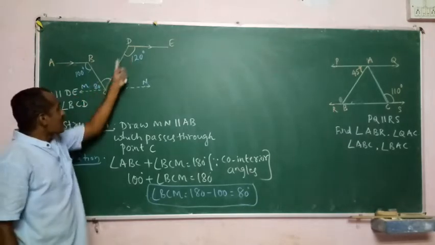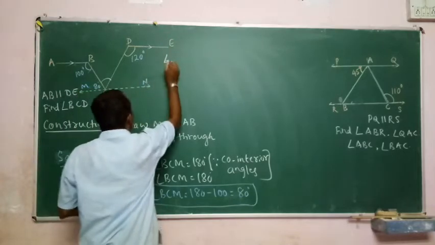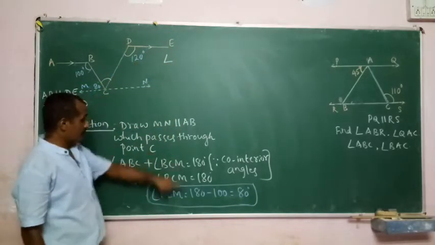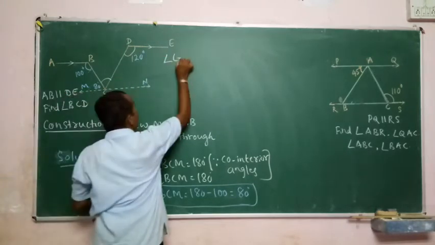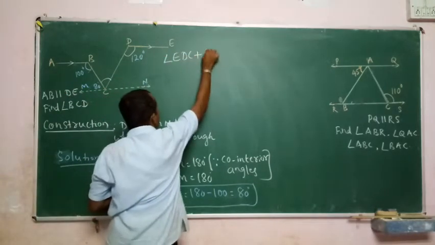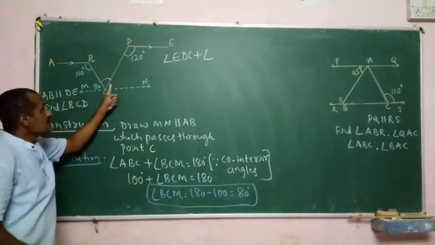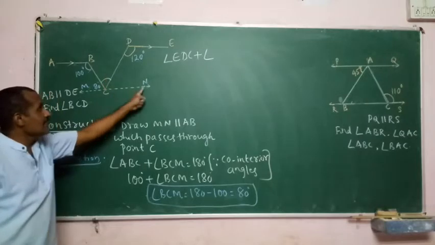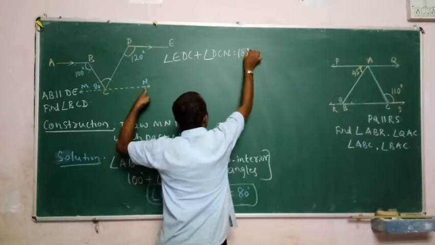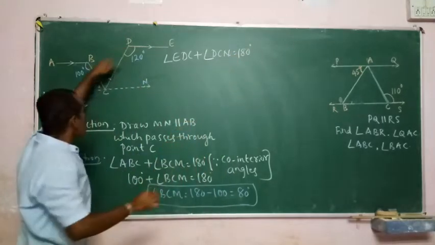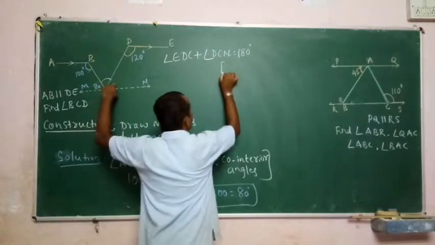Likewise, can I find this angle? Angle EDC plus angle DCN is equal to 180. EDC means this angle, plus this angle, DCN, is equal to 180 degrees. The sum of these two is equal to 180. Again, the reason is co-interior angles.